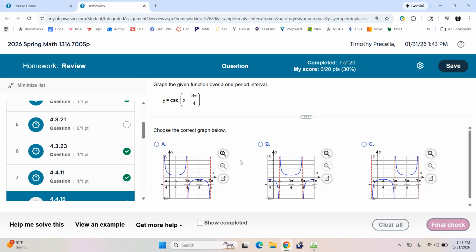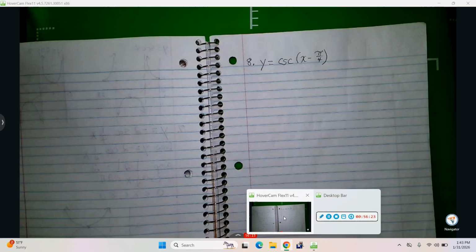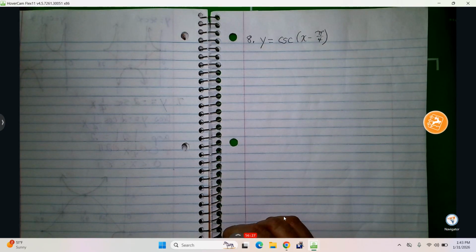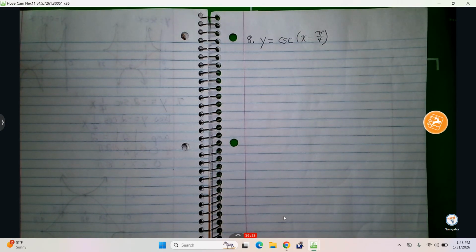Y equals cosecant x minus 3 pi over 4. This is another one with just 3 choices, but it doesn't have like a cotangent or tangent curve. There's not one you can just glance at and immediately discard. So I'm graphing y equals cosecant x minus pi over 4.